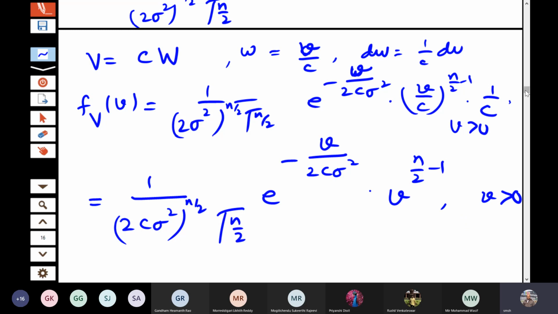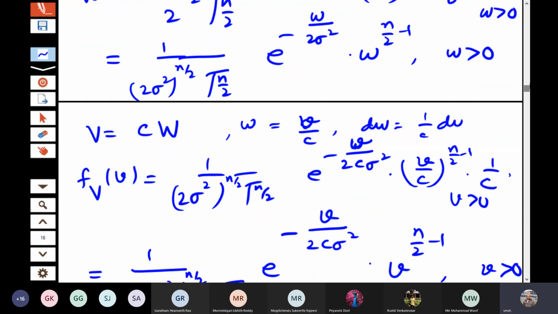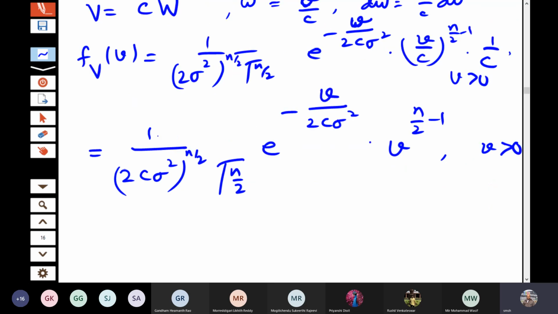So from the density function of W, if you compare, this is the density function of W: 1 by (2 sigma square) to the power n by 2, gamma n by 2, e to the power minus W by 2 sigma square, W to the power n by 2 minus 1. Now by transformation it has become 1 by (2 C sigma square) to the power n by 2, gamma n by 2, e to the power minus V by 2 C sigma square, V to the power n by 2 minus 1. So you can see here that sigma square has been changed to C sigma square.